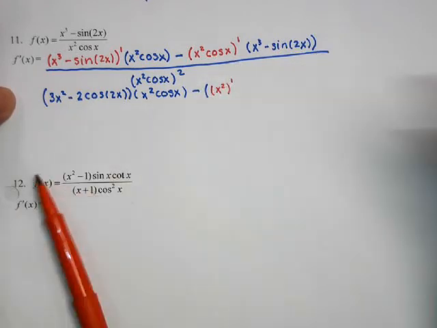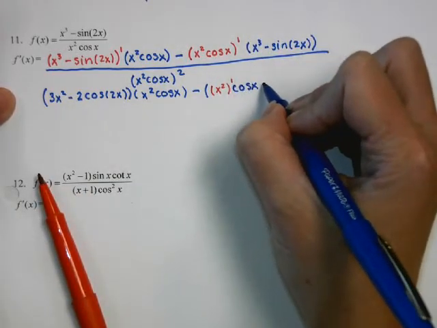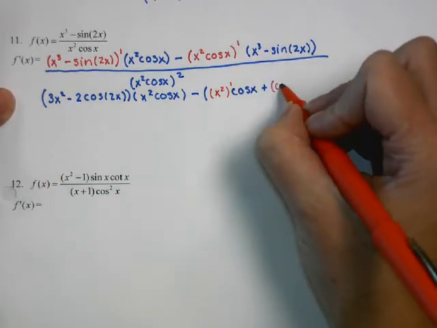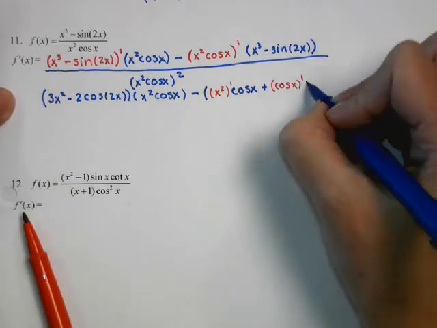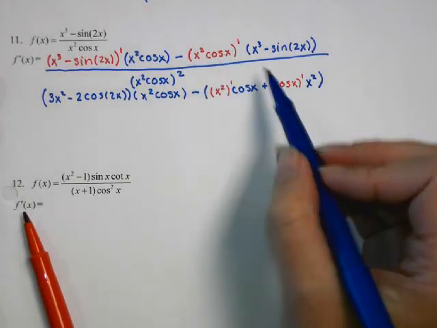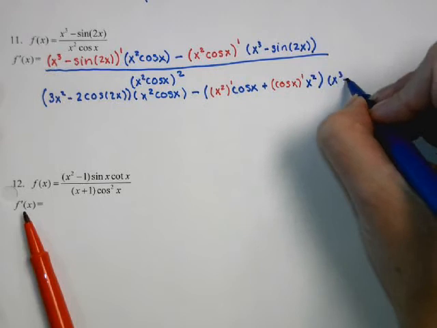So I'm going to have the derivative of x squared times cosine of x plus the derivative of cosine of x times x squared. So I still have more derivatives to take.